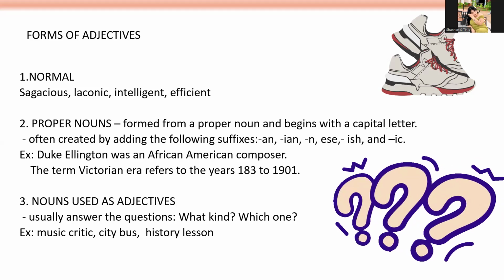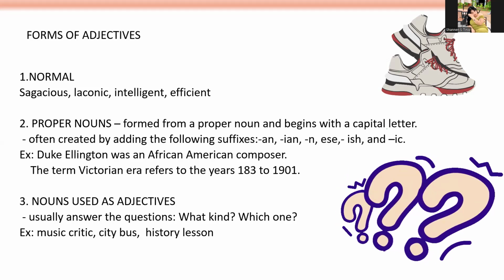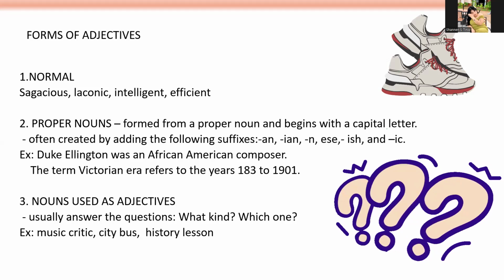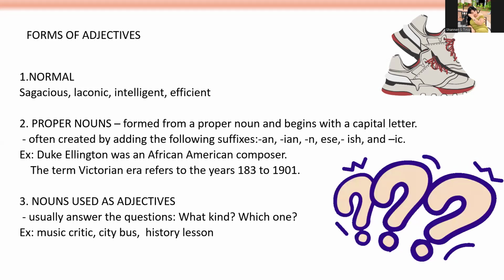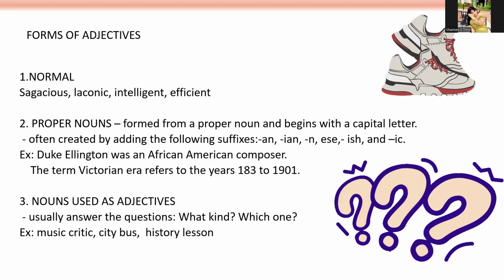Diba? Mas nasa-specify nyo yung bagay or tao when you add modifiers. Hence, called modifiers. They alter and they change. They make it more specific and more precise by adding words. Okay?